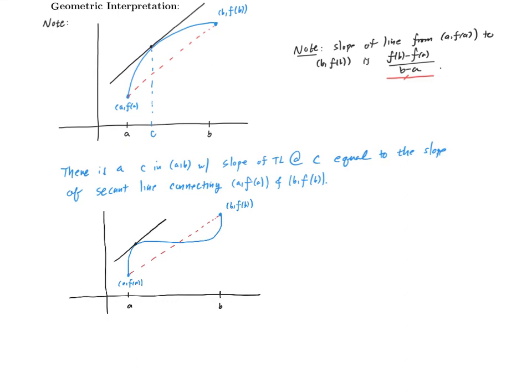We have one and two such tangent lines, and those tangent lines correspond to these inputs, say c1 and c2. So it is very reasonable that there will be more than one such point.